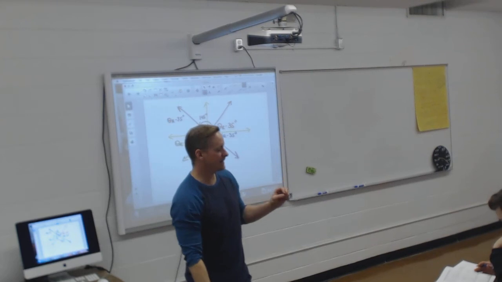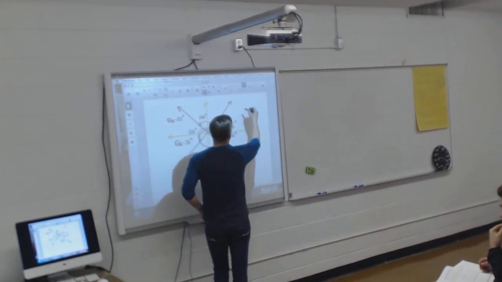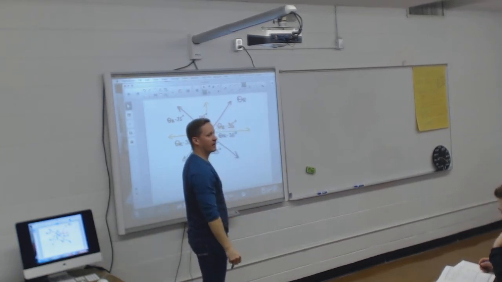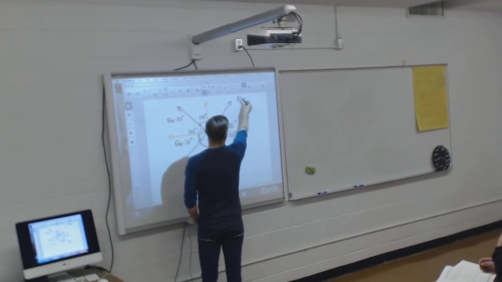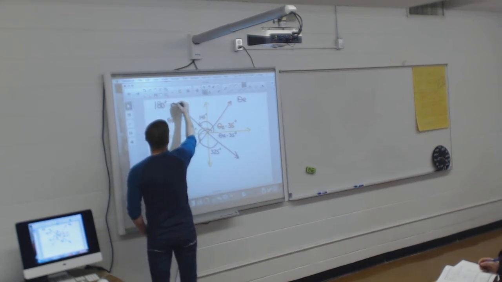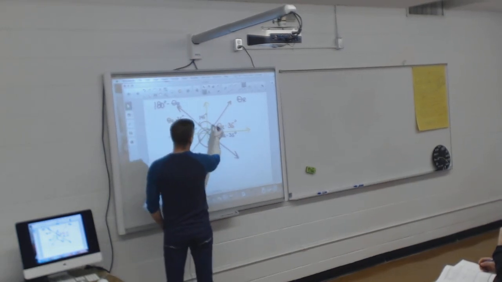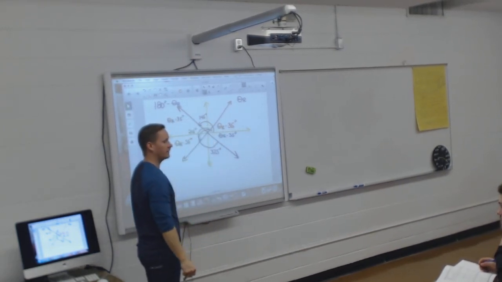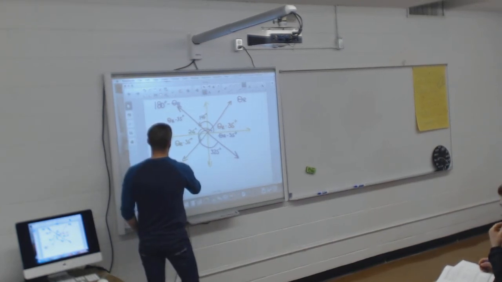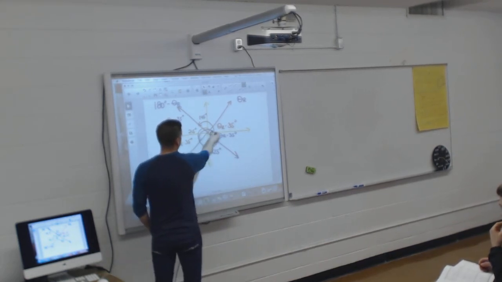So, add this to your notes. The angle in the first quadrant is just the reference angle. In the second quadrant, I take 180 degrees minus my reference angle to get this guy. In the third quadrant, I go 180 degrees plus my reference angle to get that guy.